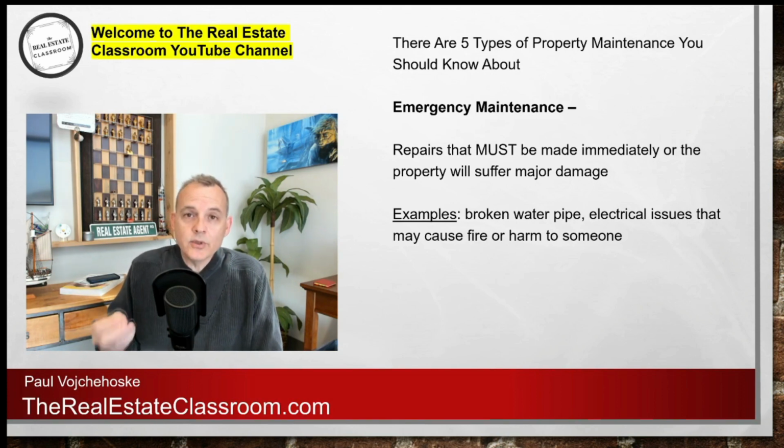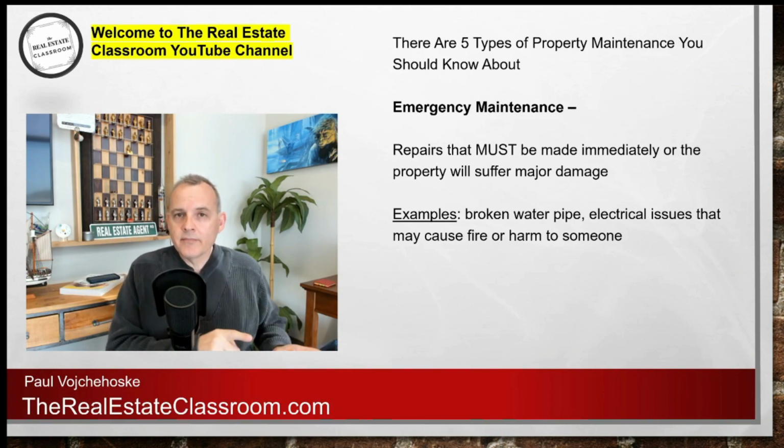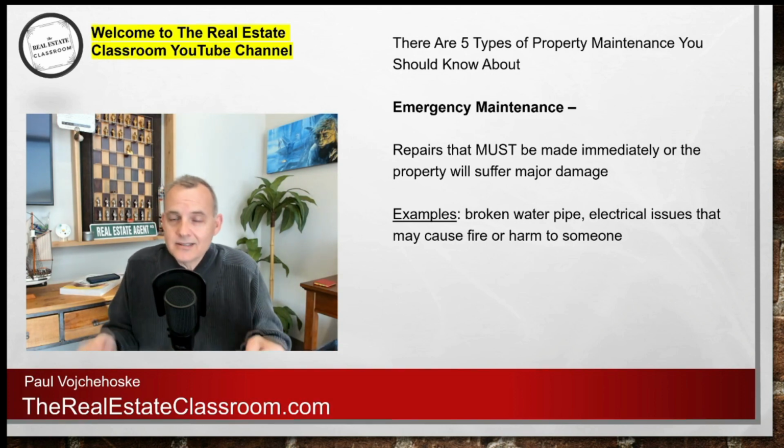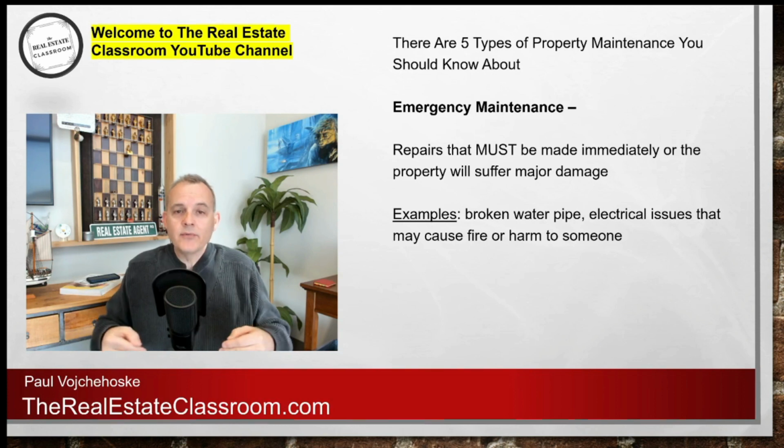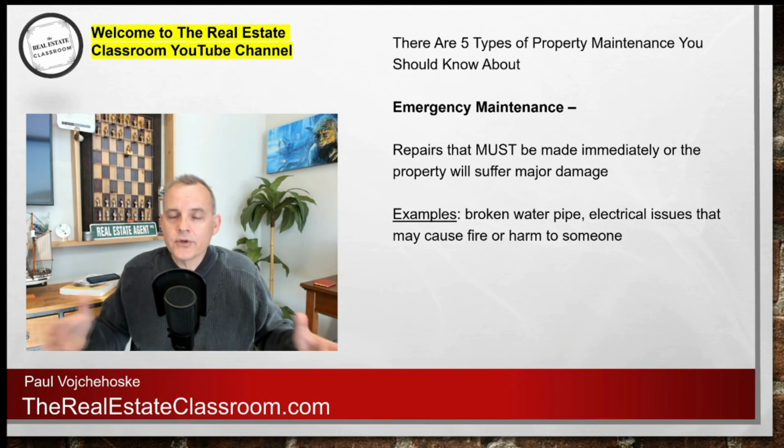If we don't go in and do immediate repairs, then substantial damage is going to happen to that property that we manage. That's emergency maintenance, which is different than corrective maintenance, which is, hey, a system is not working, but if we don't get to it today or tomorrow, it's not going to further damage the building itself.